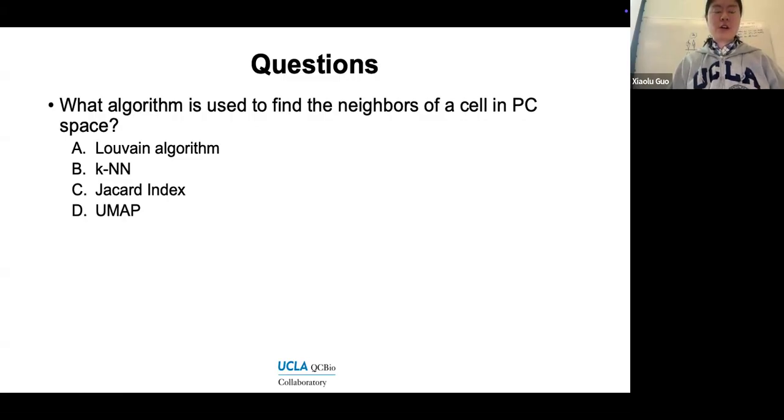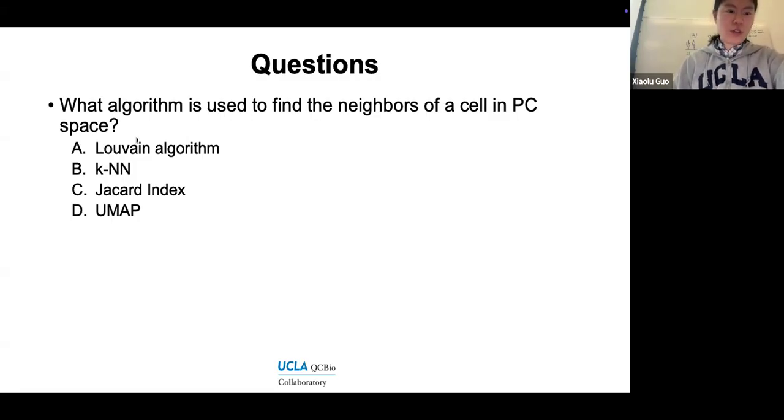Yes, to find neighbors, we use the k-nearest neighbor algorithm.